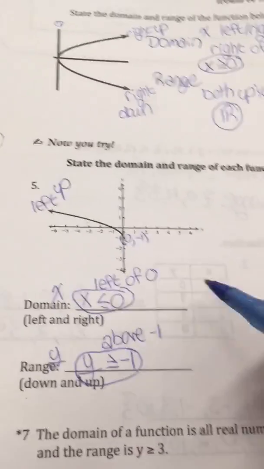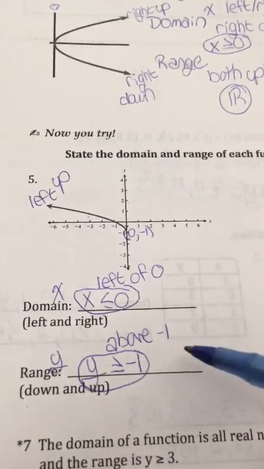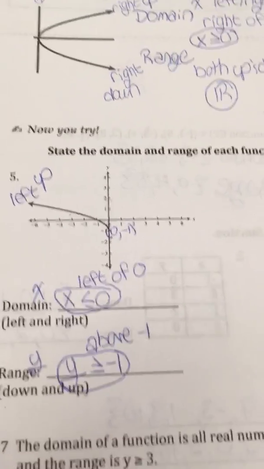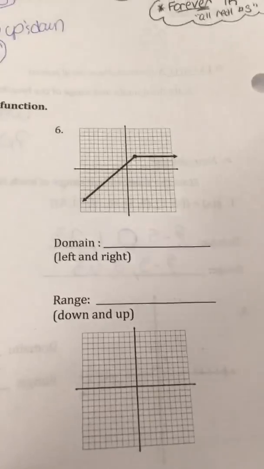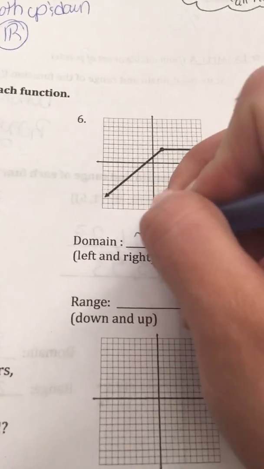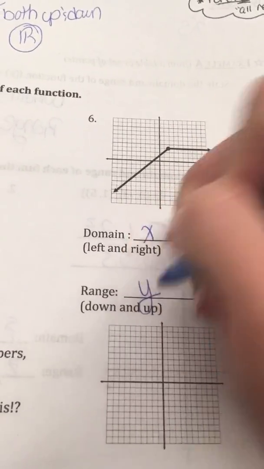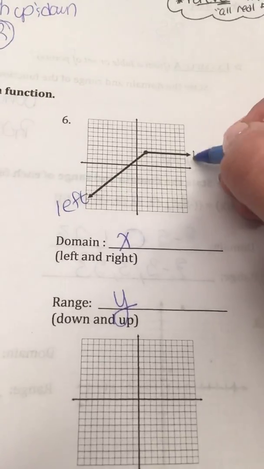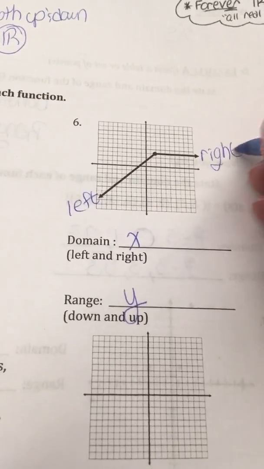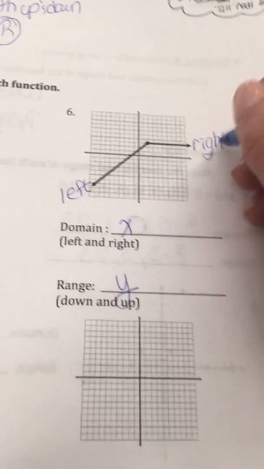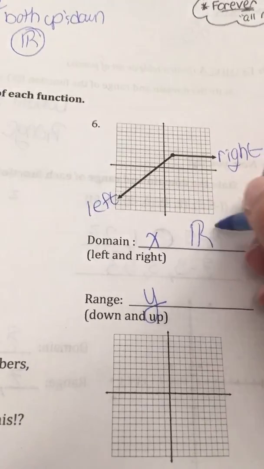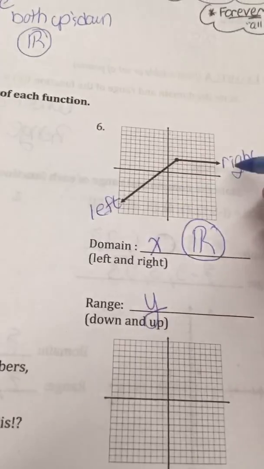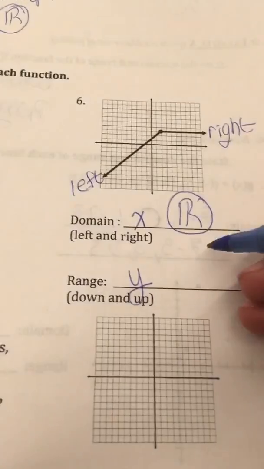If you have questions on either of these, please pause the video and call me over. Okay, now these arrows again, domain is x, range is y, always set it up. This arrow goes left, this arrow goes right. So if it goes both ways, left and right, it's just all real numbers, because you can't say less than, you can't say greater than, because it goes both ways.